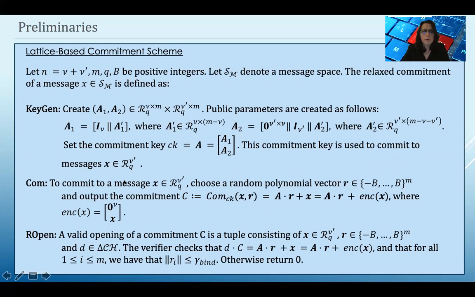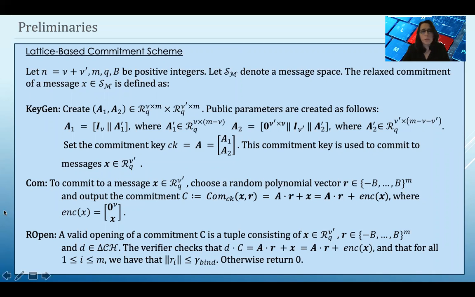The commitment algorithm commits to a message X by choosing a randomness vector R of dimension m and outputs the commitment C, which is computed as A times R plus the encoding of X, where the encoding of X is computed as the extension of X by the zero vector of dimension nu. So this encoding is applied to make the dimensions match.